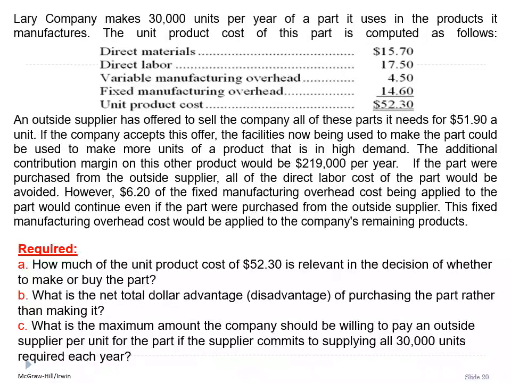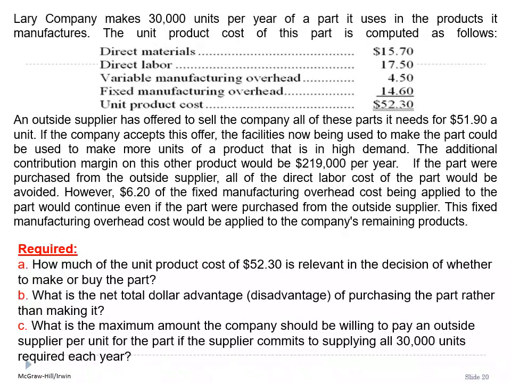Requirement A: how much of the unit product cost of $52.3 is relevant in the decision of whether to make or buy the part? Requirement B: what is the net total dollar advantage or disadvantage of purchasing the part rather than making it?